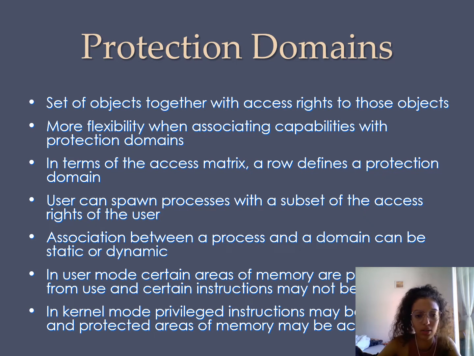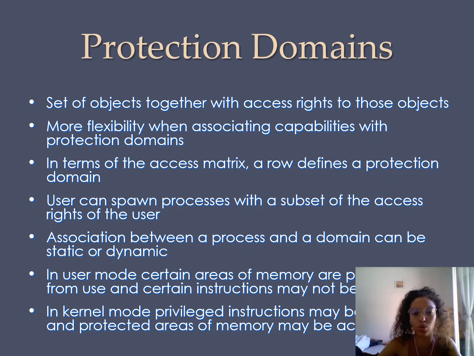If a user spawns processes with a subset of the user's access rights, that subset is defined as a new protection domain. This limits the capability of the process. Such a scheme could be used by a server process to spawn processes for different types of users.